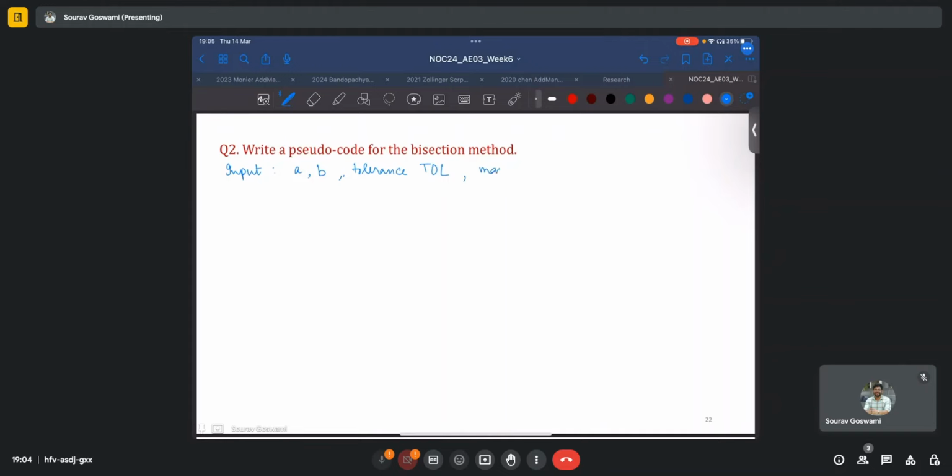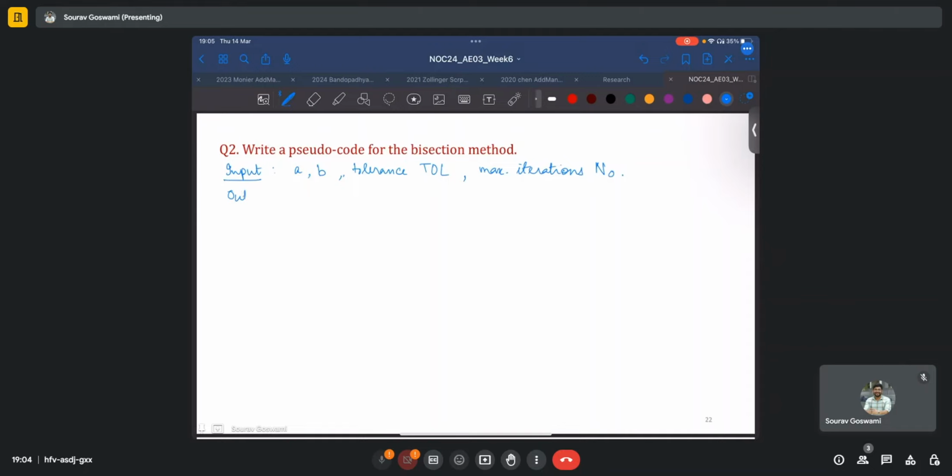So, because we don't want this process to continue indefinitely, or sometimes what may happen is that due to some error in the code, the program simply does not terminate and continues going on in an endless loop, which is something we want to avoid. So we also specify the maximum number of iterations.